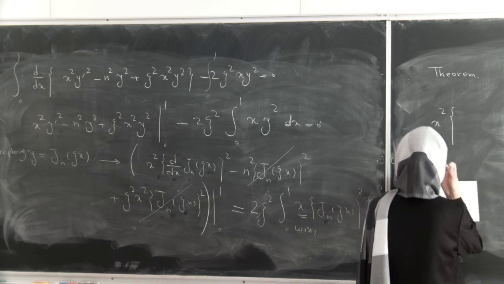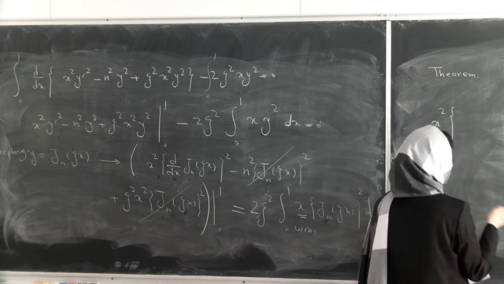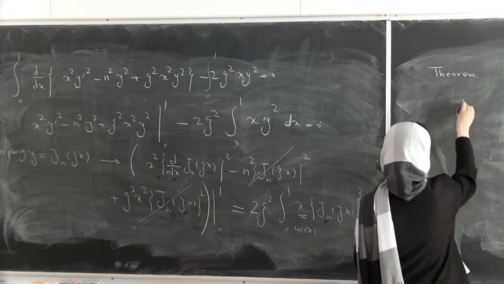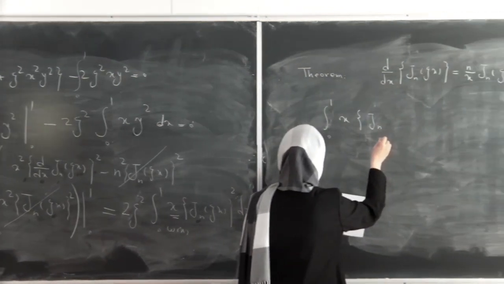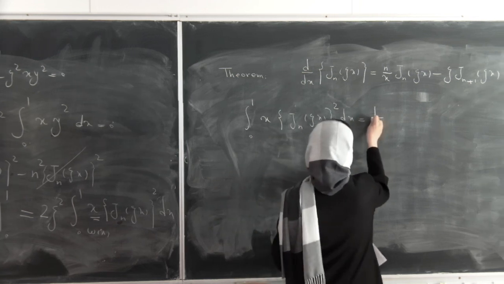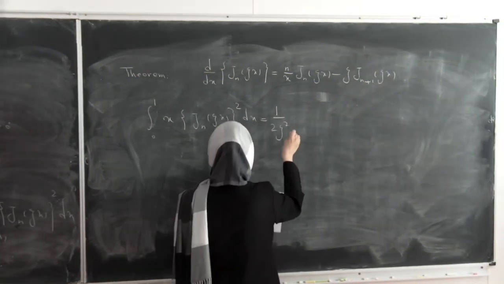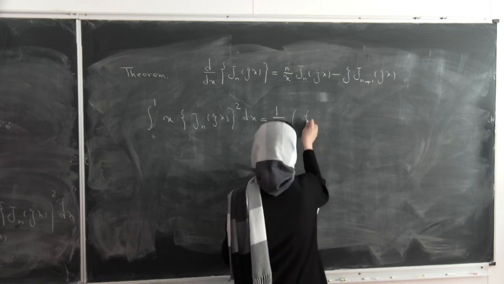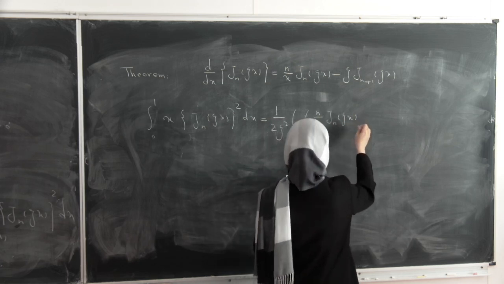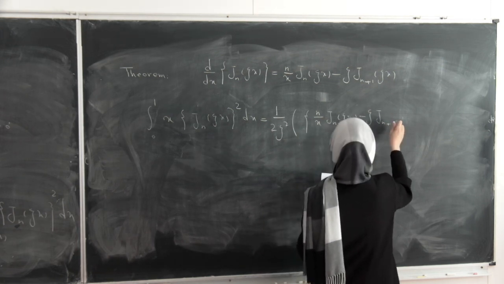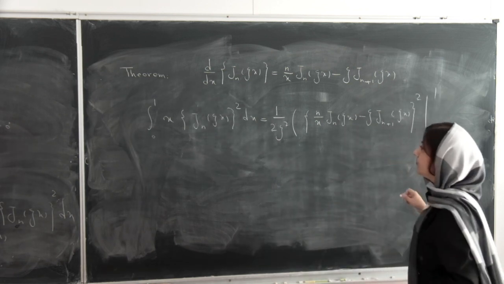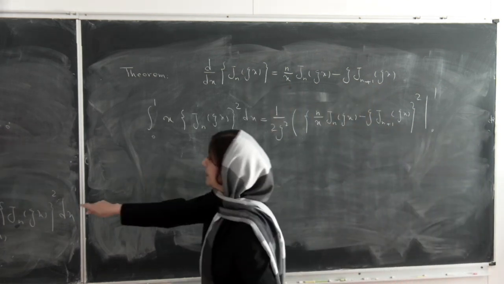We have integral 0 to 1 of x Jn of xi x squared dx equals xi squared, from 0 to 1, by substituting this part in this part.